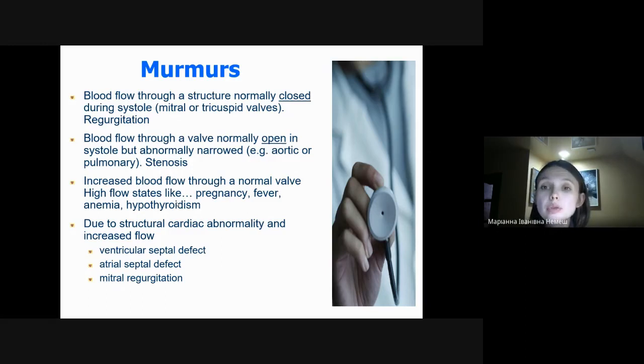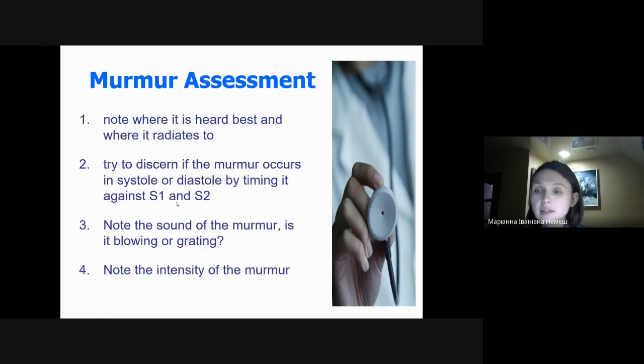Sometimes murmurs could appear not due to defects of the valves, but in case we have a ventricular septal defect or atrial septal defect. Let us discuss each of these cases.